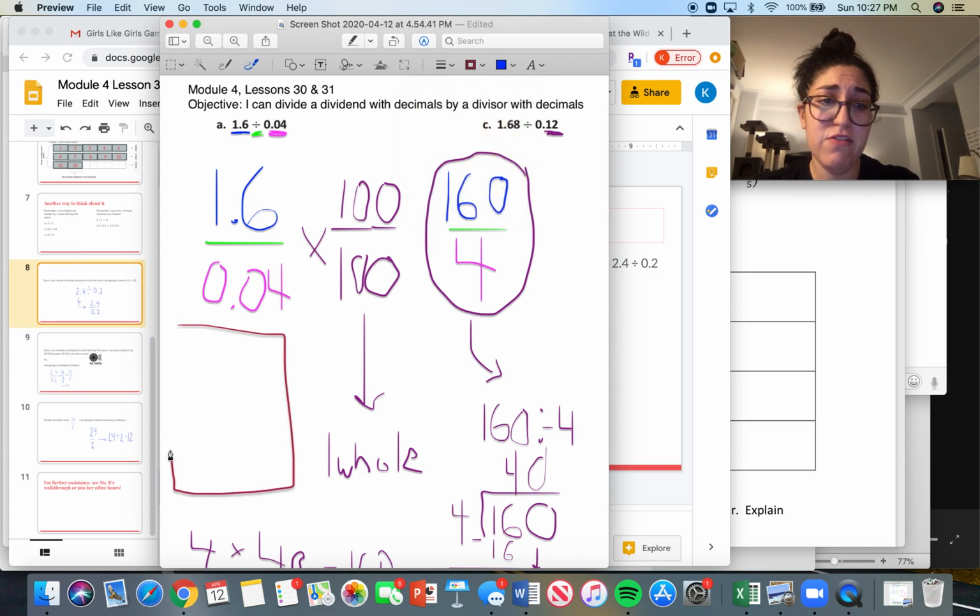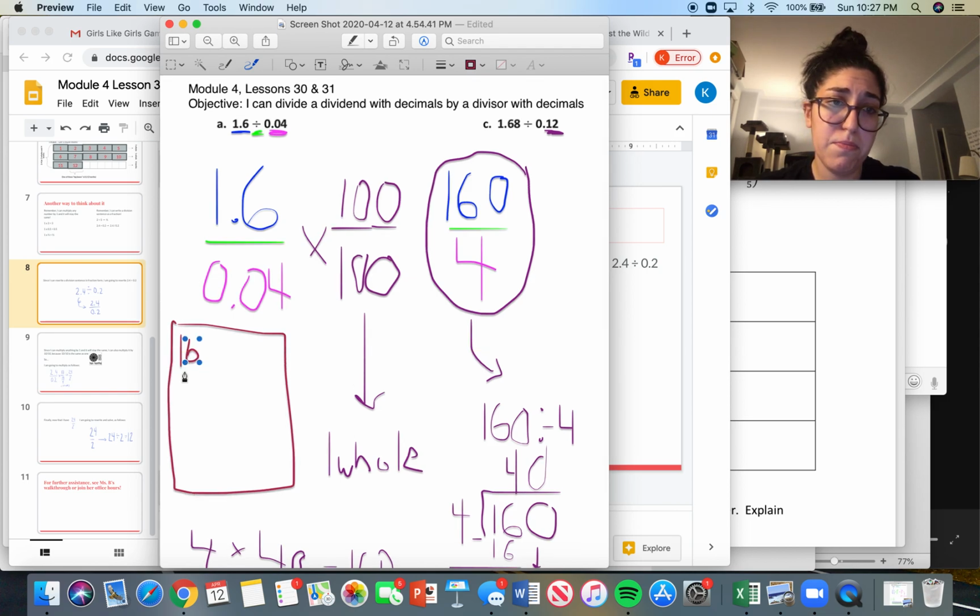If I have 1.68 over 0.12, I want to think, well, what number can I multiply it by so I can get rid of these decimals? And the answer would be 1 whole, of course. But how am I going to write that? I'm going to write it as 100 over 100.